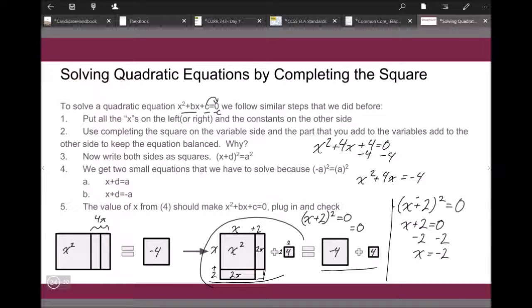Could we check that by plugging it in? Absolutely. So that's number 5. It says, please plug in and check. So if I plug in negative 2 for my x, I get negative 2 squared from here, plus 4 times negative 2 plus 4.